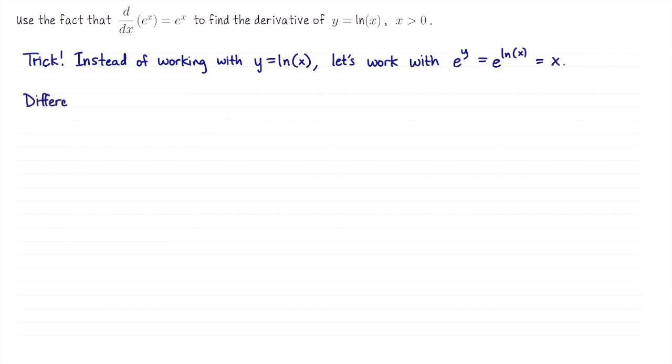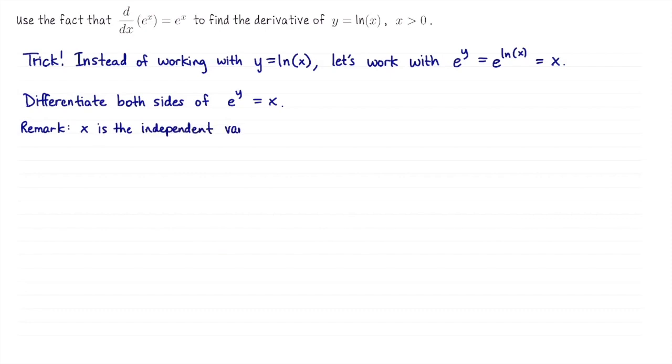Now I'm going to differentiate both sides of this equation with respect to x. This is a bit strange because y is not isolated anymore. Instead, y is kind of embedded in the left-hand side. So when you look at the left-hand side, it might be tempting to say, oh, the derivative of e to the y is e to the y based on the previous slide, but that's not correct because we are differentiating with respect to the independent variable.